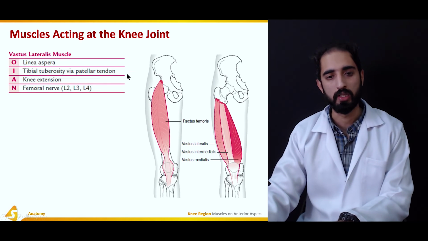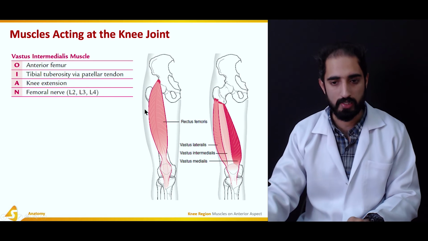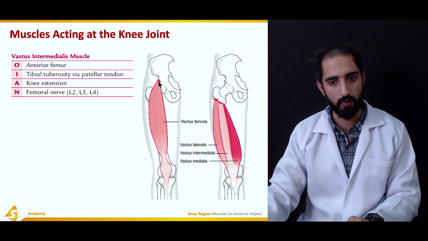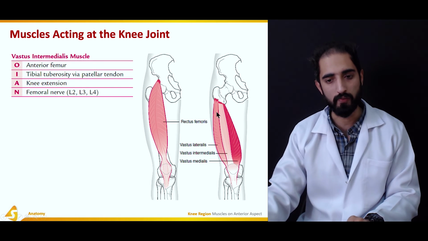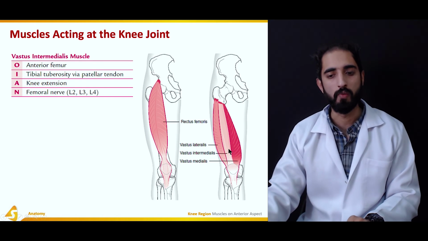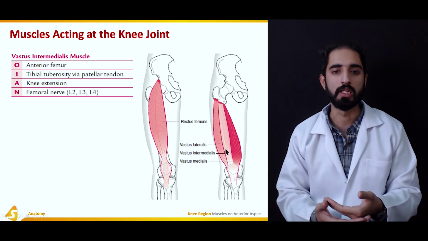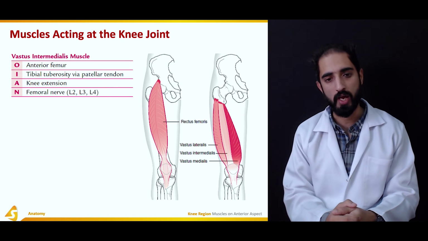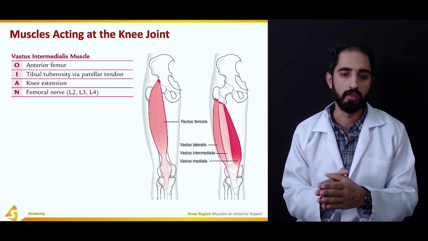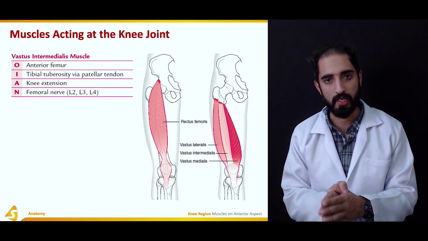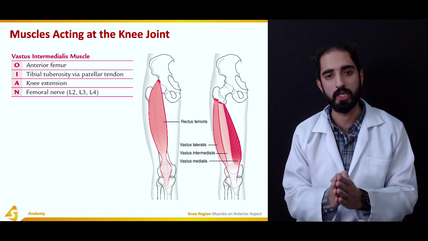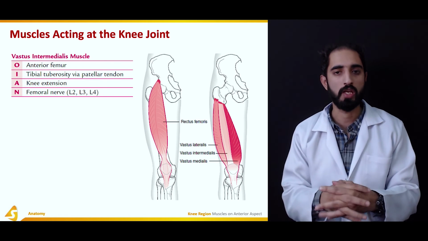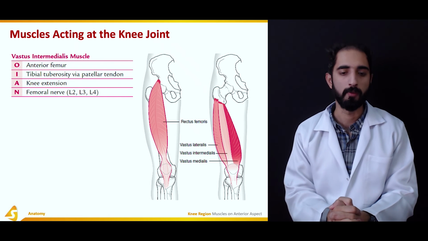Coming back to the vastus intermedius, you can see this is the rectus femoris, but once we remove the rectus femoris, we can visualize the vastus intermedius, which is located just beneath it. Just like the vastus lateralis and the vastus medialis, it is a single joint muscle and it is only involved in knee extension with no action at the hip joint.